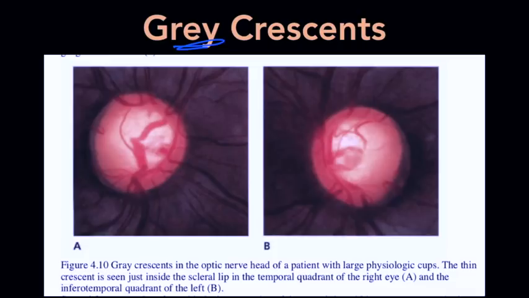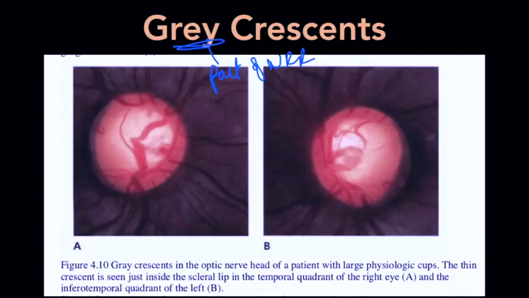Gray crescents are not a part of alpha and beta zones. They are seen inside the scleral lip, which means they are part of the neuroretinal rim. So when we are going to measure the cup disc ratio, we should always take them into consideration.